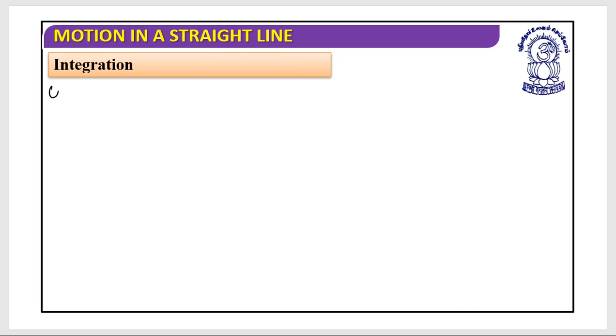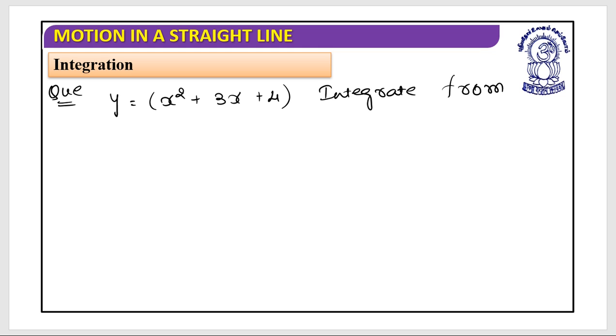Okay, let's move on and check whether it can be done or not. Let's suppose the data is given as y is equal to x square plus 3x plus 4. They have asked us to integrate from x equals 0 to x equals 2 meter.